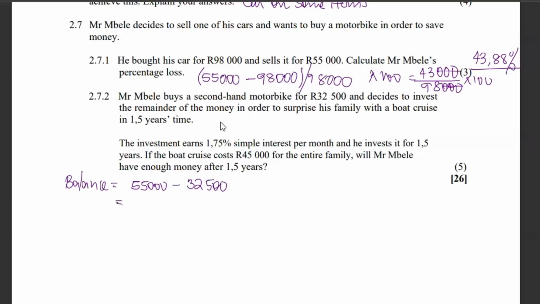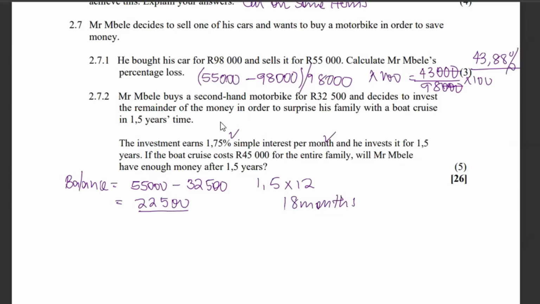So the balance that was invested is 22,500. So we need to find out how much interest, and for how long? For 1.5 years. We want to find it in months because the investment is per month, which will give us 18 months.